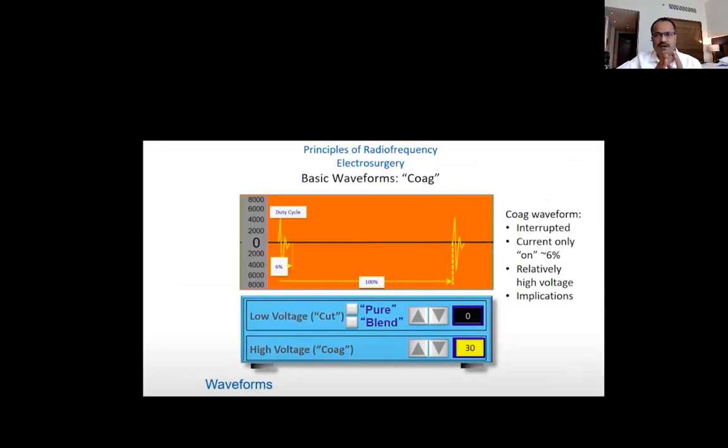It will be divided into two halves and you will get a high voltage current. So coagulation current is high voltage interrupted current, and the current flows only for 6% of the duty cycle. How much time the current flows is called the duty cycle. So you have two currents. Cut is a continuous low voltage and coag is an interrupted high voltage.